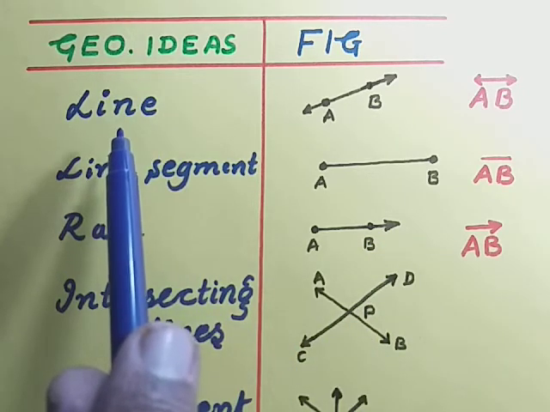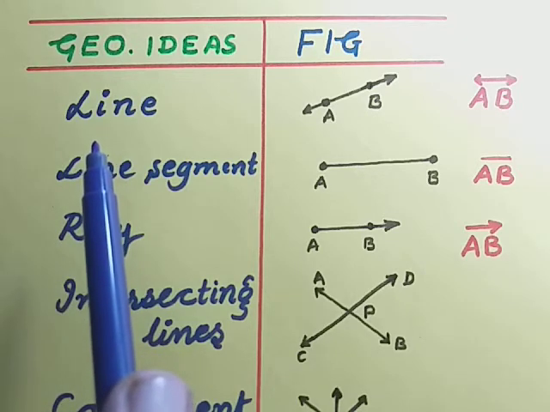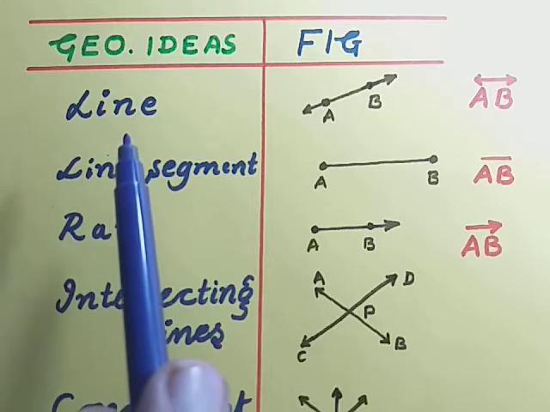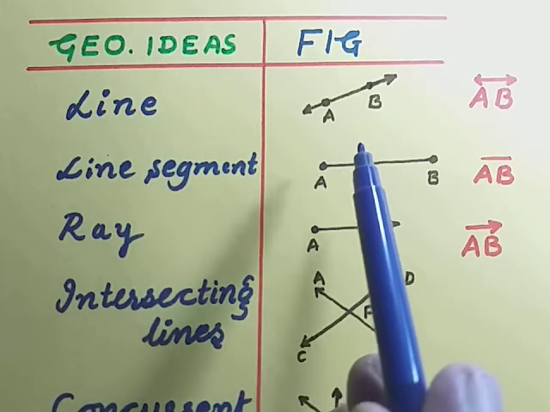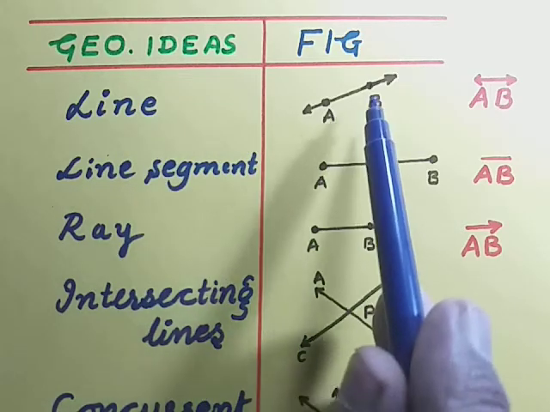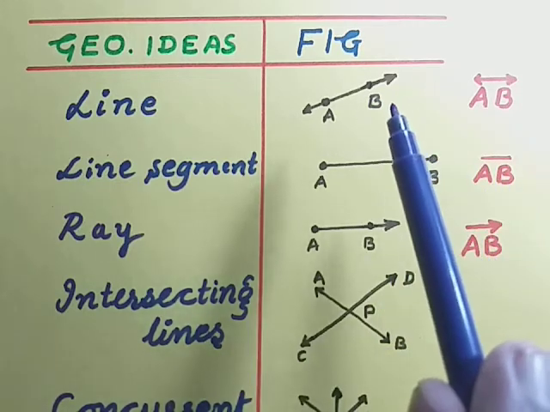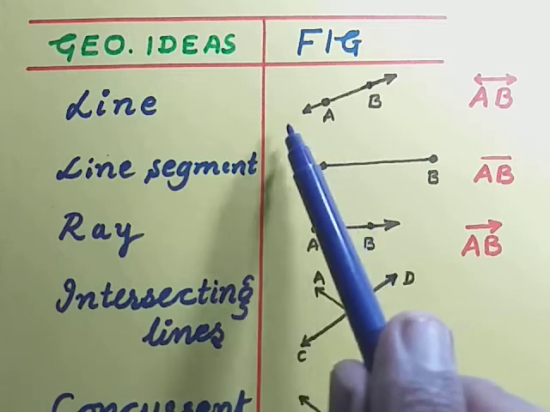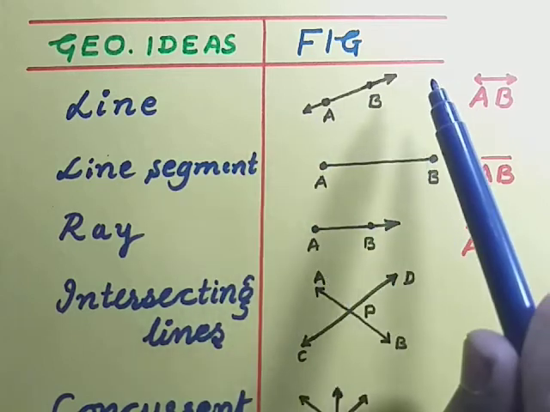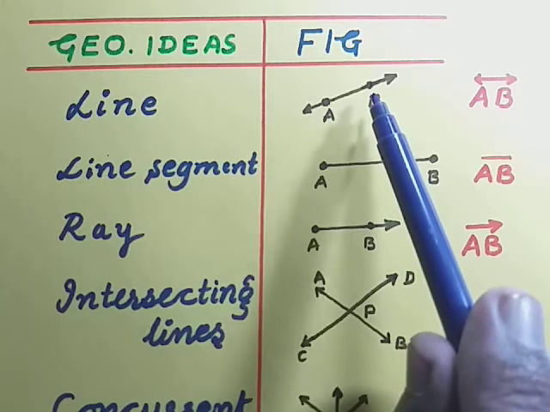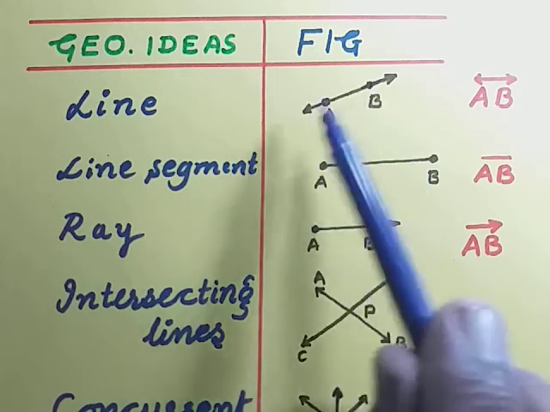Line. A line is nothing but a straight path that passes through two different points indefinitely. Just observe this definition: a straight path passing through two different points indefinitely.